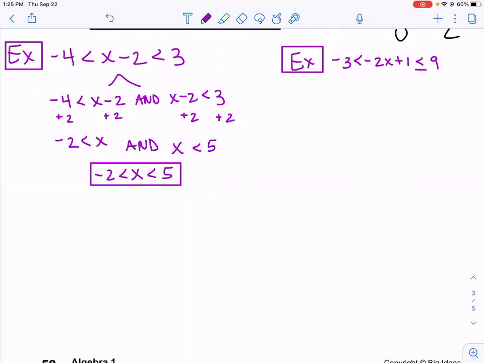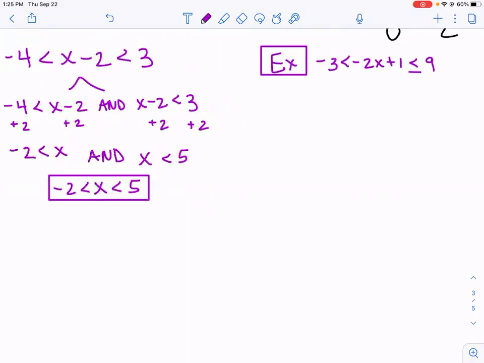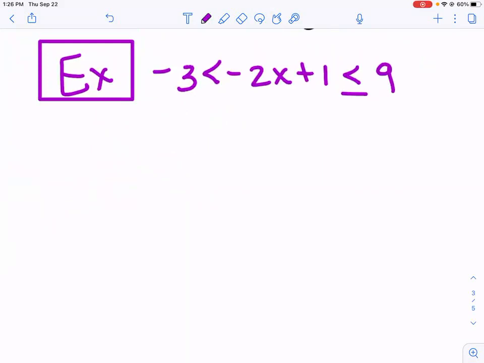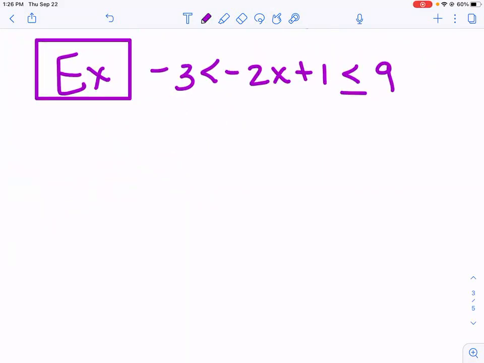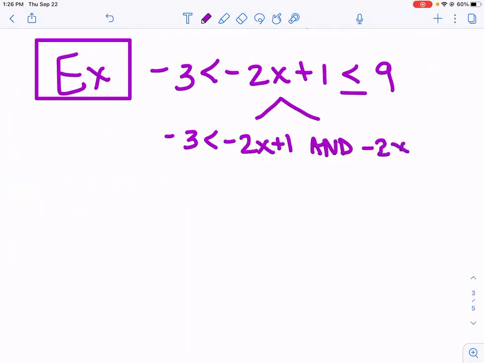Okay. So we know that if we have three inequalities squished together like this, then it is a compound inequality. That is an and statement. Okay. So let's break this up into our two inequalities. -3 is less than -2x plus 1, and -2x plus 1 is less than or equal to 9.